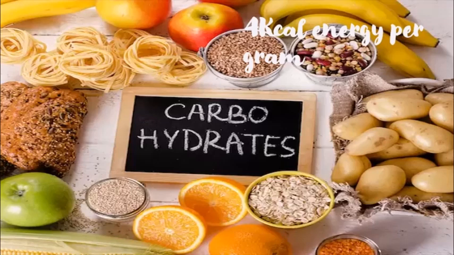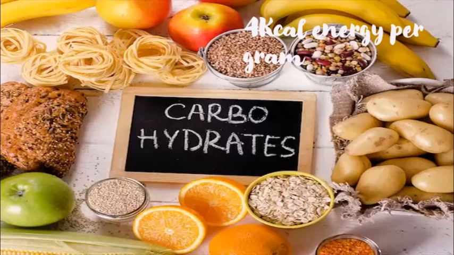So you can imagine that one gram of carbohydrate will give you 4 kilocalories of energy. Carbohydrates are the readily available source of energy. That is, whenever energy is required, our body uses carbohydrates to produce energy.